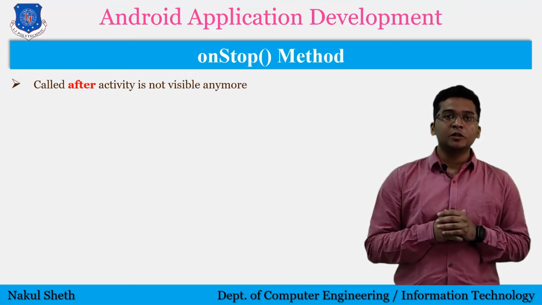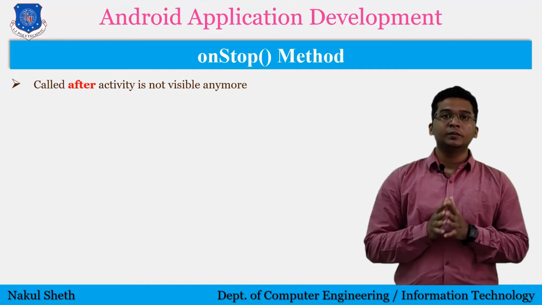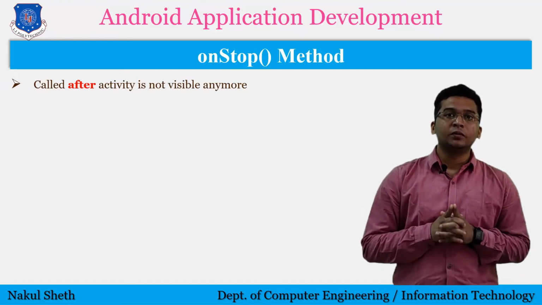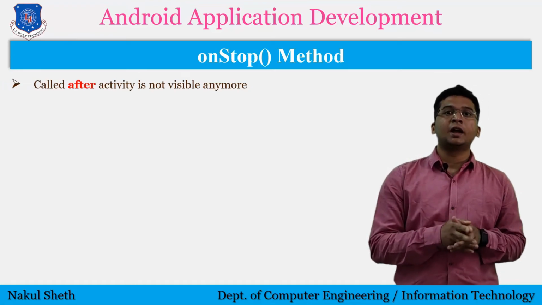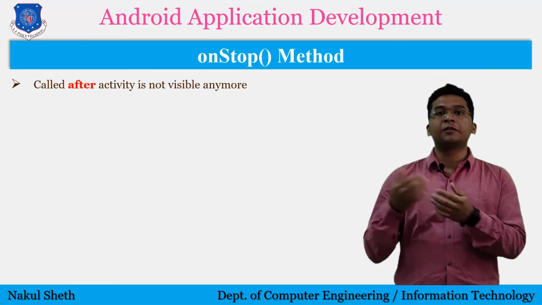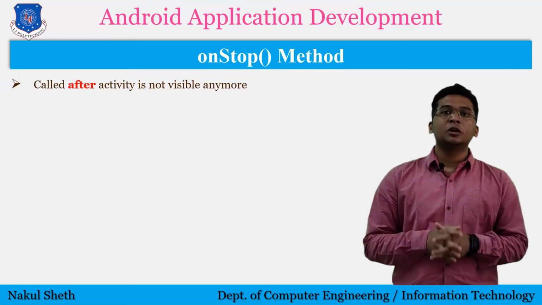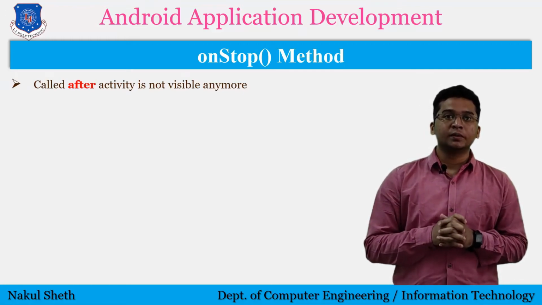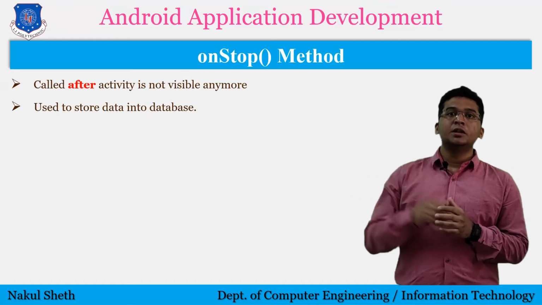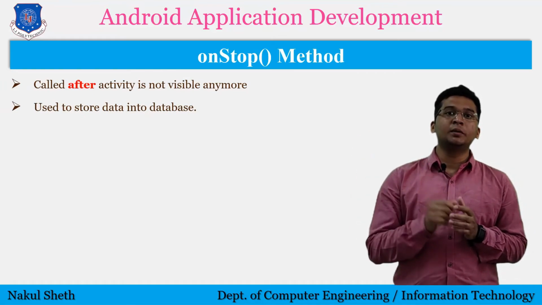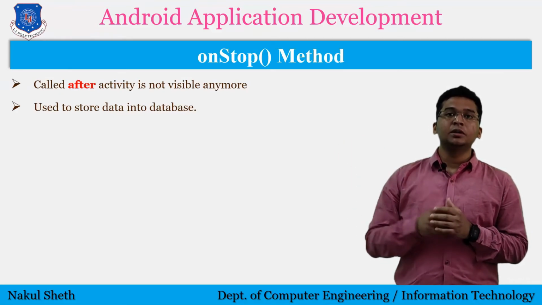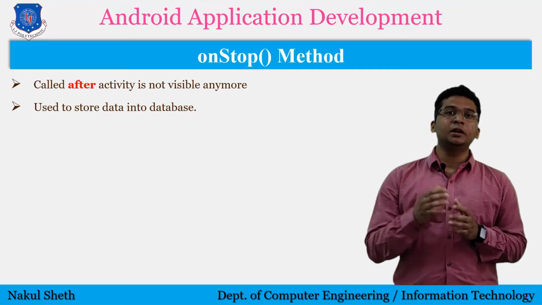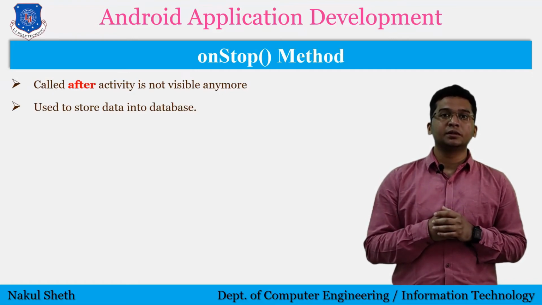This is the only difference between onPause and onStop: onPause is invoked before the activity is no longer visible to the user, and onStop is invoked after the activity is no longer visible. The onStop method is also used to store data into the database after our activity is not visible to the user.